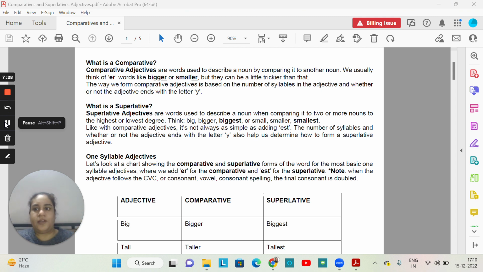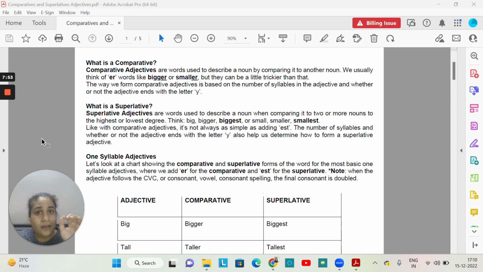A lot of people don't understand, like I said, about syllables. Syllables are very important for your spellings. Syllables are also important to understand how to spell your superlative and comparative adjectives in a proper manner. Now, what are syllables? Syllables are the vowel sounds that you hear in a word.